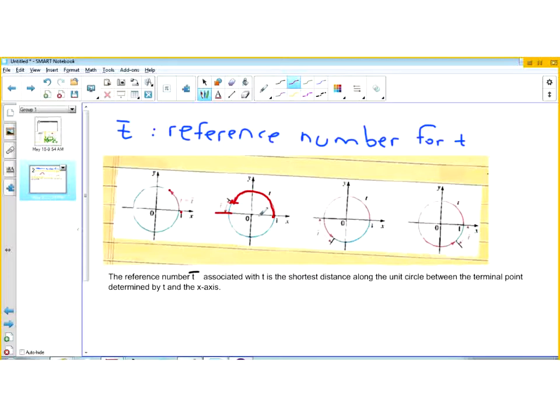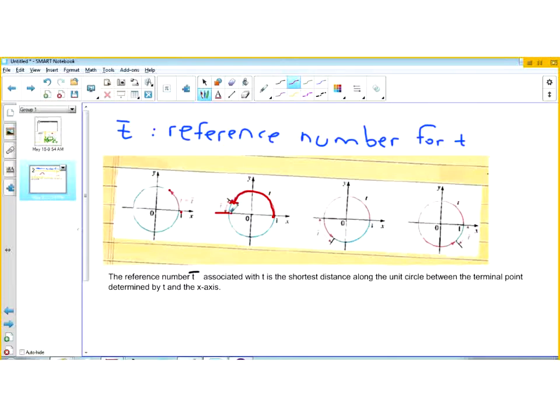I can go counterclockwise, or I can go clockwise. In this case, going clockwise from the x-axis on the unit circle would give me my reference number.